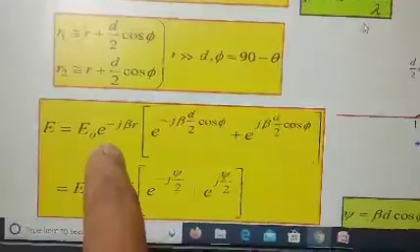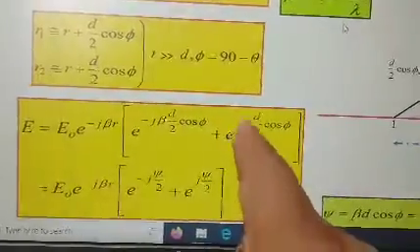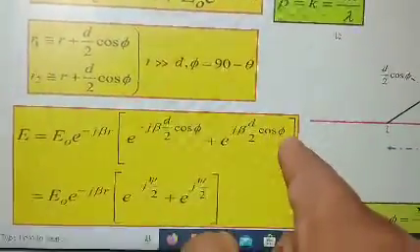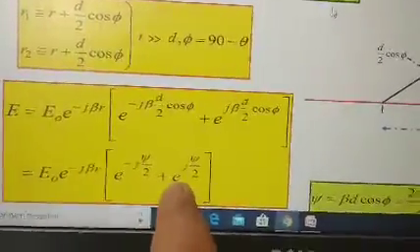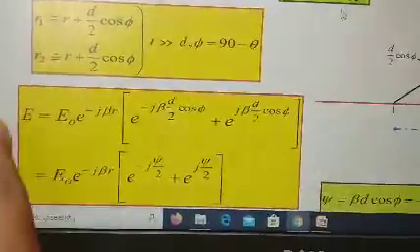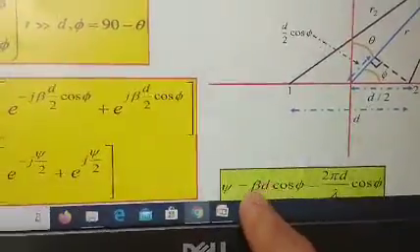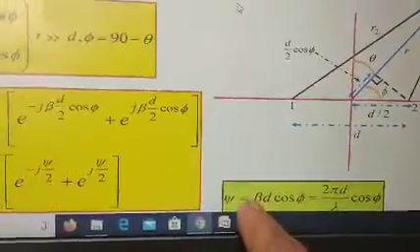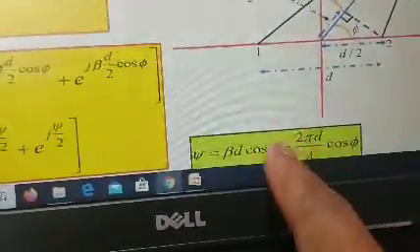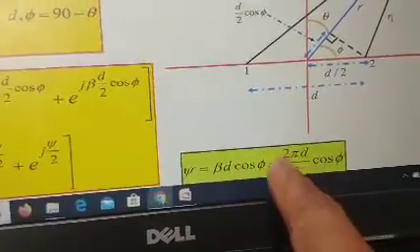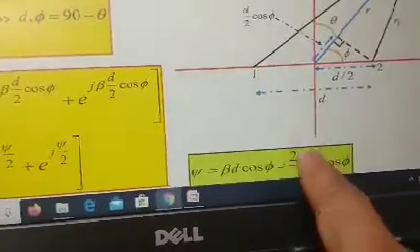Then E is equal to E0 e raised to minus j beta r times e raised to minus j beta d by 2 cos phi plus e raised to plus j beta d by 2 cos phi, which is equal to E0 e raised to minus j beta r times e raised to minus j psi by 2 plus e raised to plus j psi by 2, which is the resultant electric field E. With reference to this, psi is equal to beta d cos phi, where beta is the phase constant equal to k, which is equal to 2 pi by lambda. Hence it is 2 pi by lambda d cos phi.